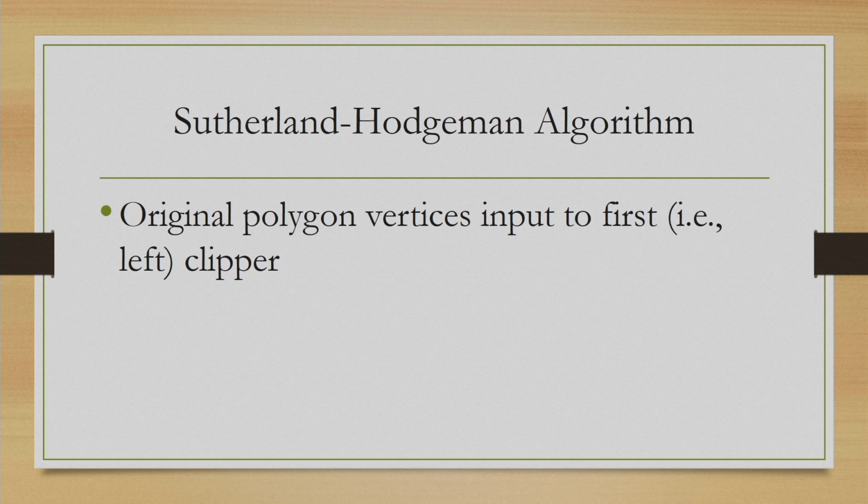Now, as we said, we start with the left clipper. So, its input set is the original polygon vertices, or in other words, the original polygon edges represented by the pair of vertices. That is the input set to the first or the left clipper.